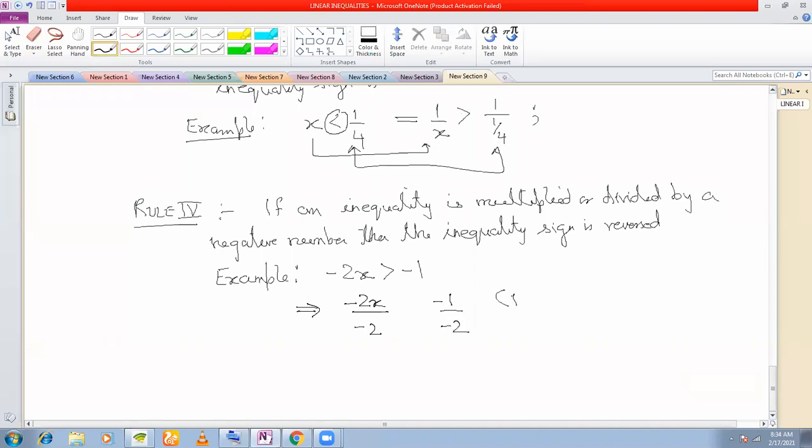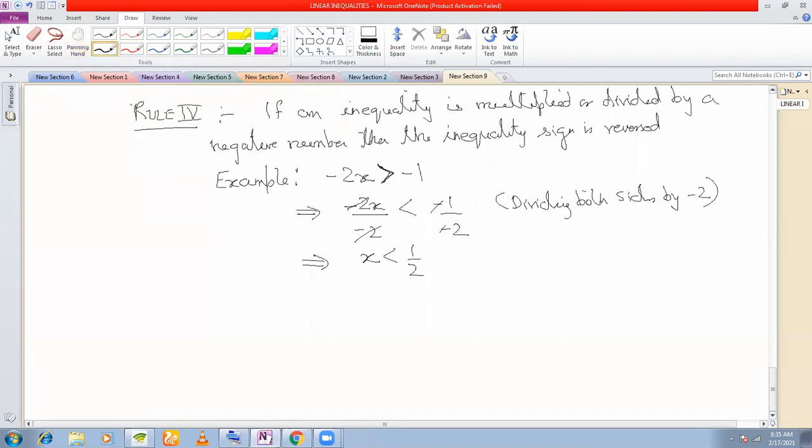I am dividing both sides by a negative number, right? Whenever I am dividing an inequality by a negative number, the sign will reverse itself. If there is a greater than sign here, it will change to less than. In the next step, the -2 cancels, and the minus cancels. We can write x is less than half. Okay. So this is about division, if you're dividing by a negative number.